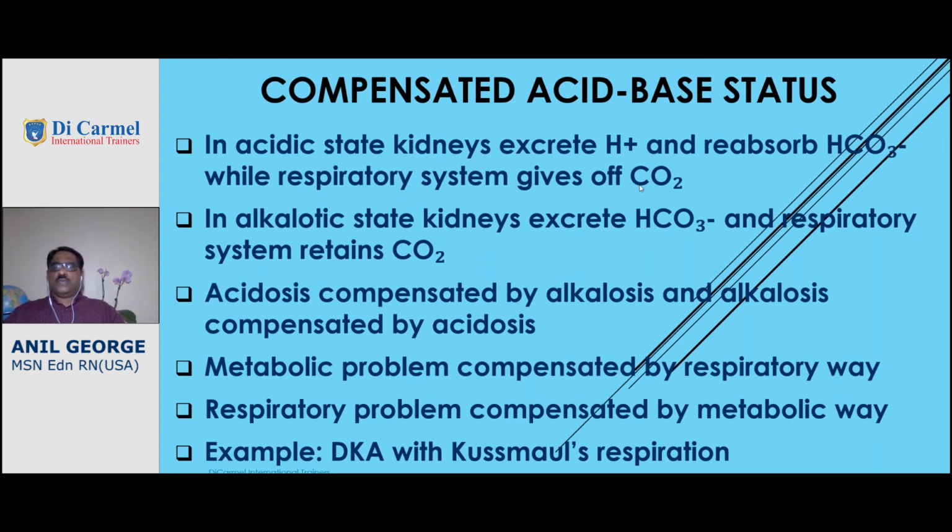So what do we have here? Right, so let's see. Okay, so the first thing, remember, the two major organs involved in the balancing are the lungs and the kidneys, right? And how do the lungs work? When the body goes into acidosis, the lungs will expel the carbon dioxide.